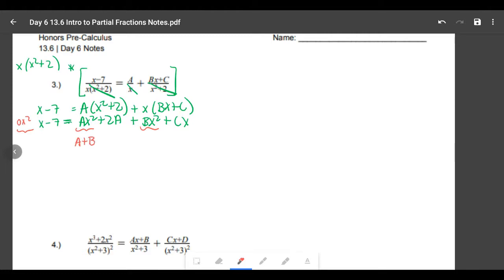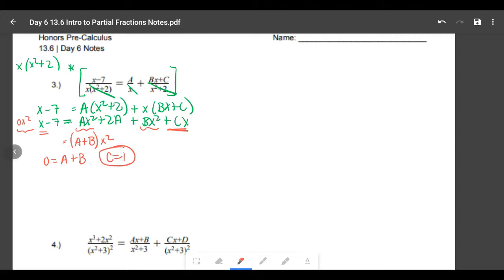Right? So that has to be equal to the 0 x squared on the left side, so 0 has to equal a plus b. All right, for my linear terms, I have 1x equals cx, so c must be equal to 1, so that one was easy.